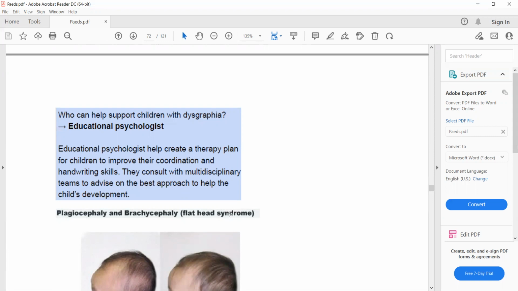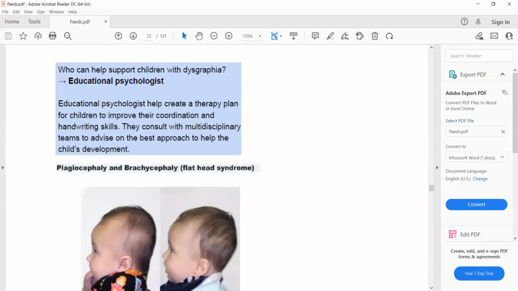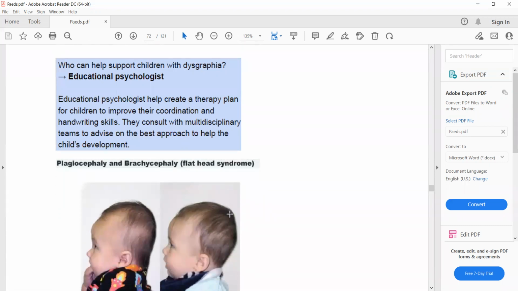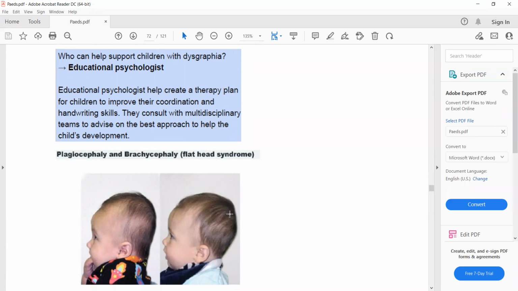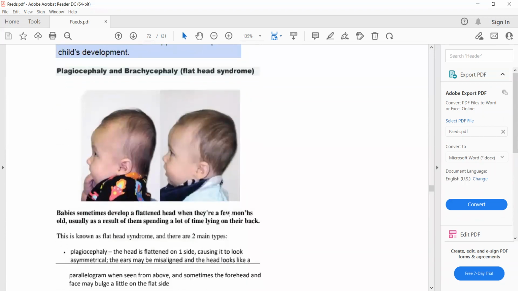We need to refer such patients to educational psychologists, because educational psychologists will help create a therapy plan for children to improve their coordination and handwriting skills. They consult with multidisciplinary teams to advise on the best approach to help the child's development.